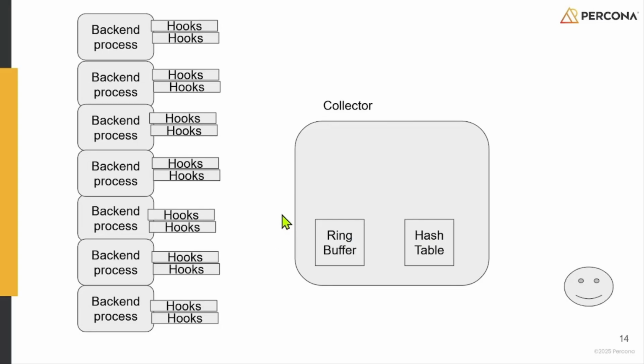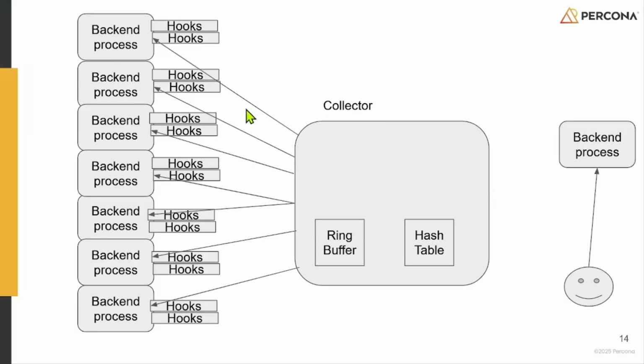Whenever a user wants to query this data, the user will create a backend process, and meanwhile the collector will be collecting the data from each backend process at the frequency we specified in the parameter. By default it is 10 milliseconds, and that information will be stored in the ring buffer and hash table. And when the user executes a query on the provided functions and views, the backend process will query this ring buffer and hash table, and that provides the data to the user. This is the high-level architecture.